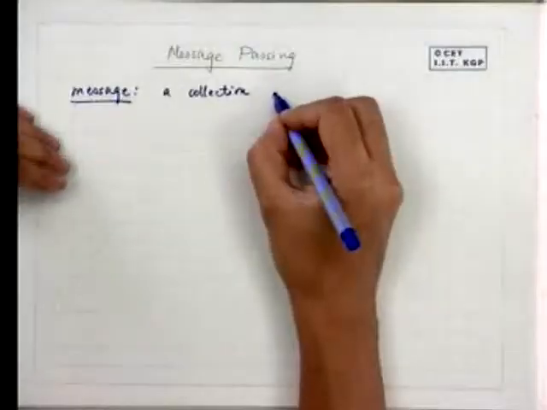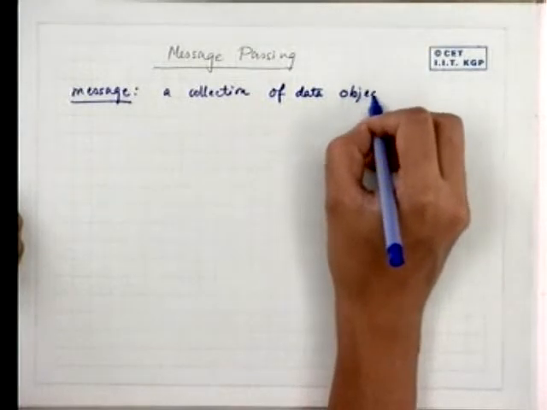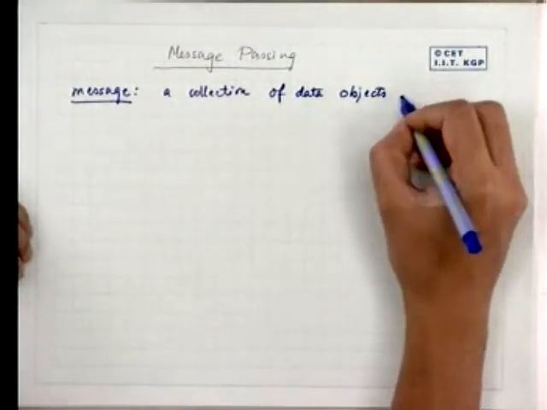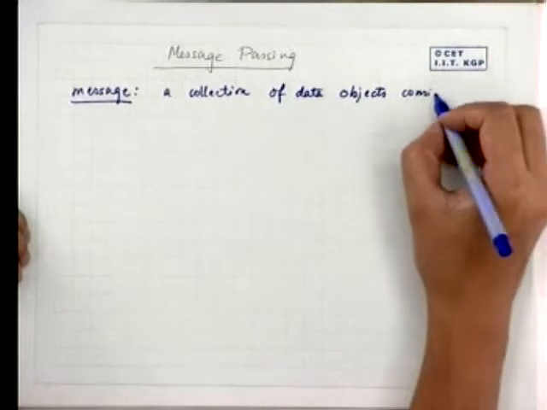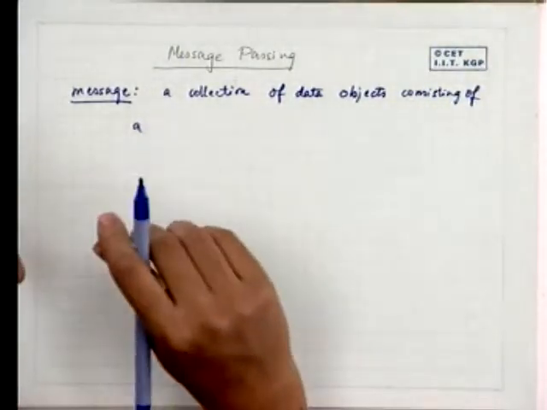So in this context, a message will be a collection of data objects which consist of a fixed size header. Since a message is going to be passed through a network, the message has to be recognized as a message.